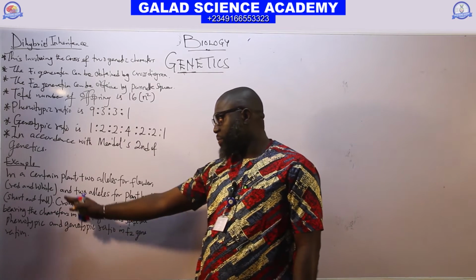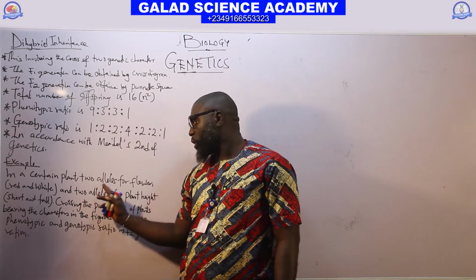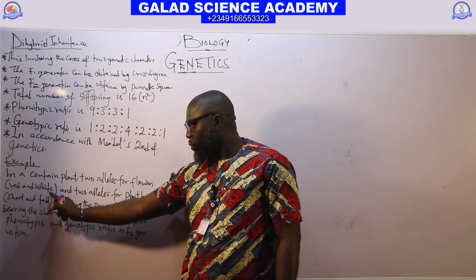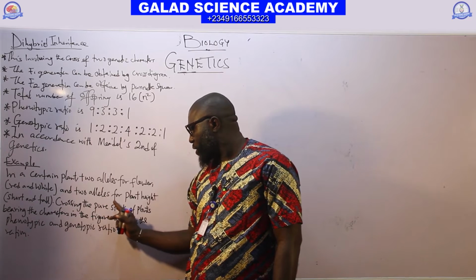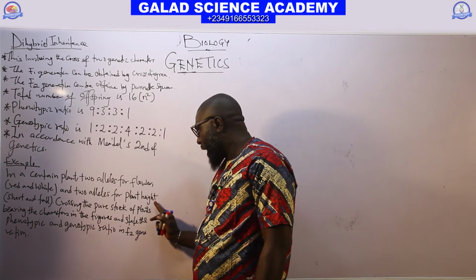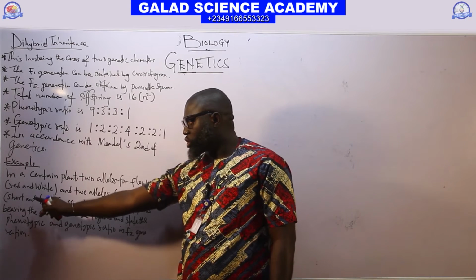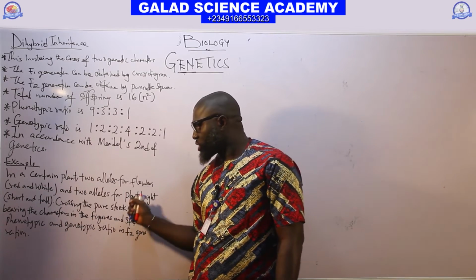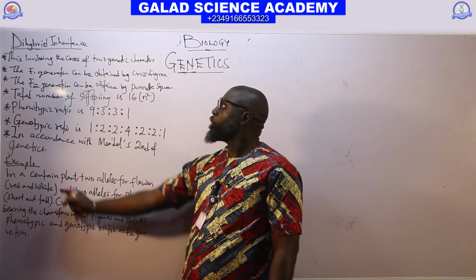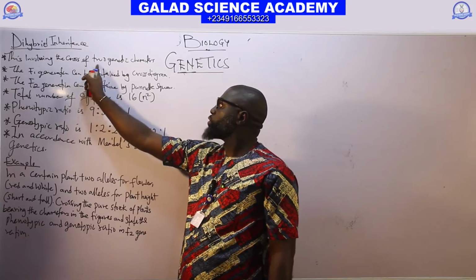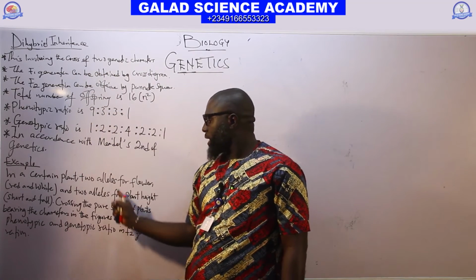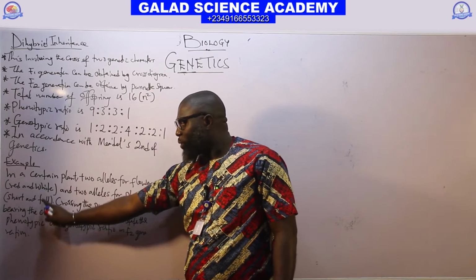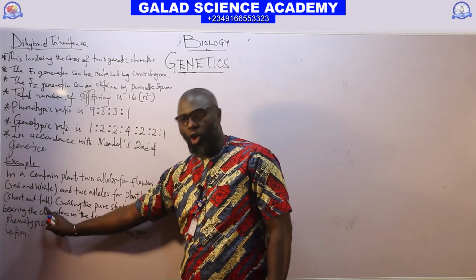We are given a certain plant with two alleles for flower, red and white, and two alleles for plant height, short and tall. We can see that this question deals with two genetic factors: red and white flower, with short and tall.